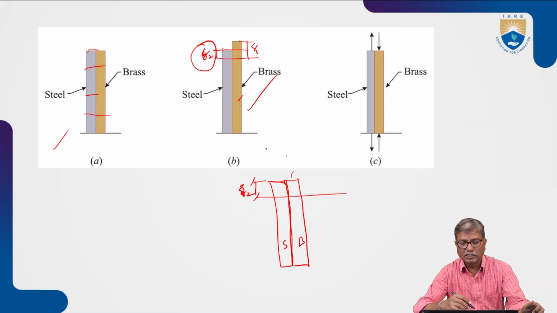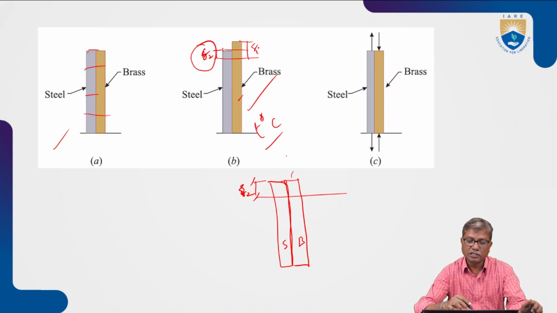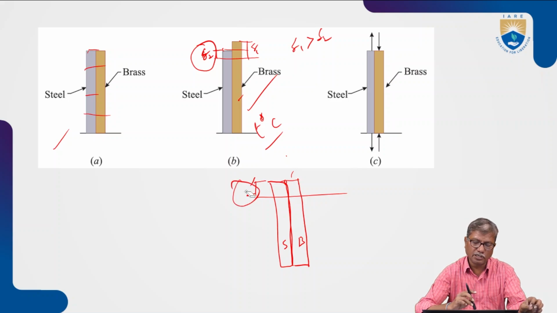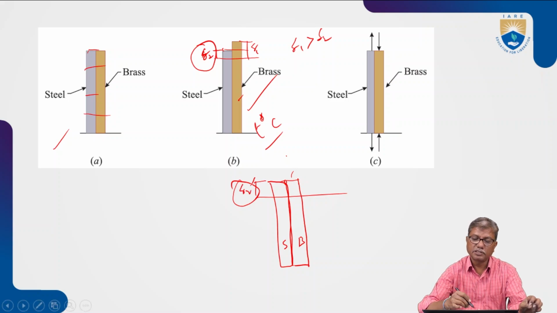Brass, for the expansion of T degrees centigrade, expands by delta 1, which is greater than delta 2. So brass still has the tendency to expand beyond delta 2, because its expansion is delta 1.